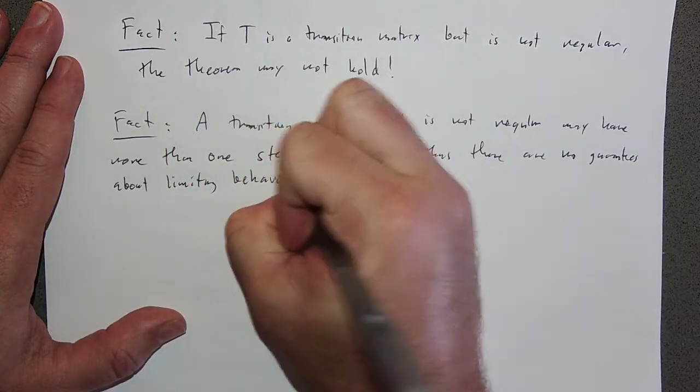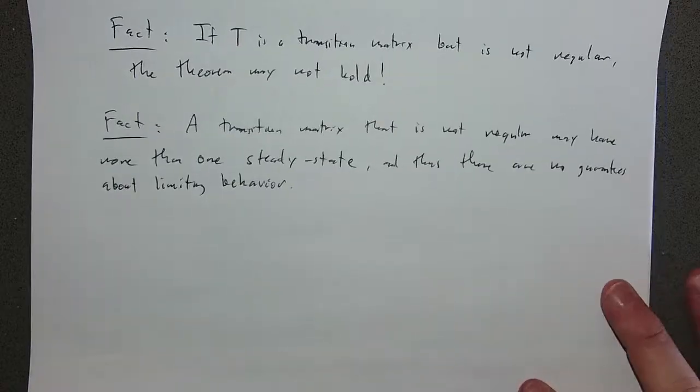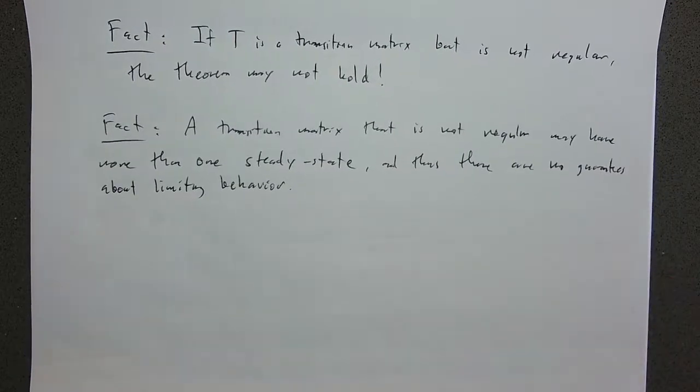So this analysis that we would very much like to do about the limit of this process, we're now unable to do if it has more than one steady state vector. Okay. So these are just things to keep in mind.